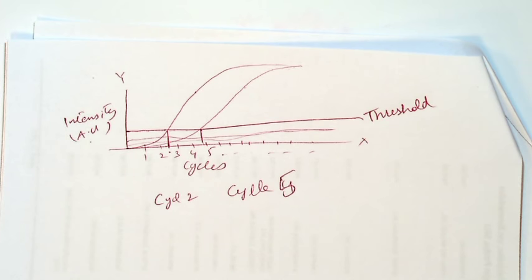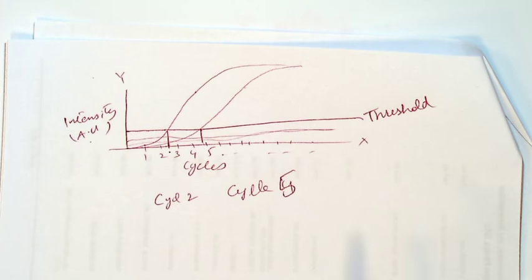Because one would have 2 squared. The more concentrated one would have... How many times more concentrated, based on this information? 2 to the power 3. Okay, so it's 3 cycles.